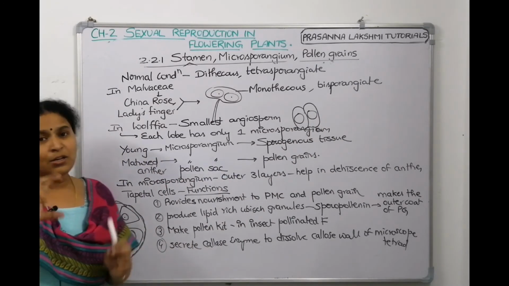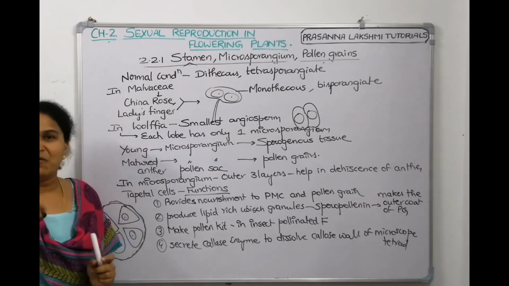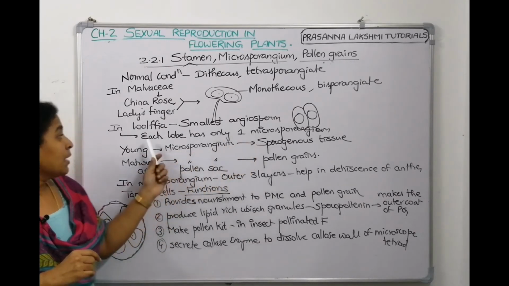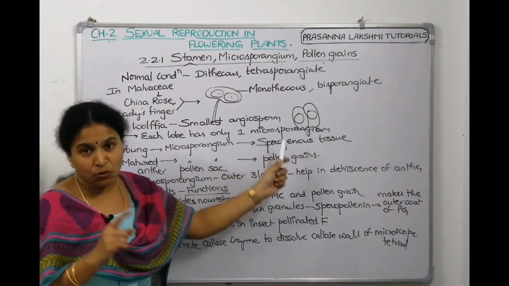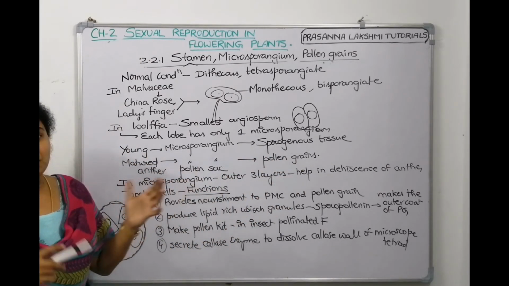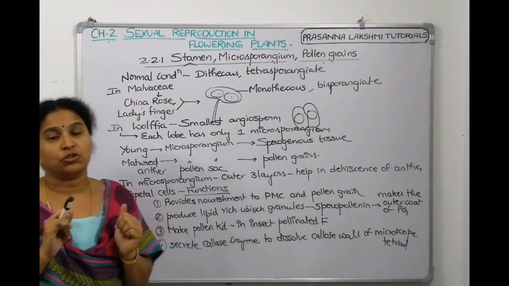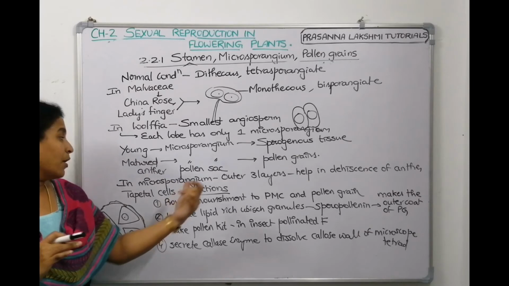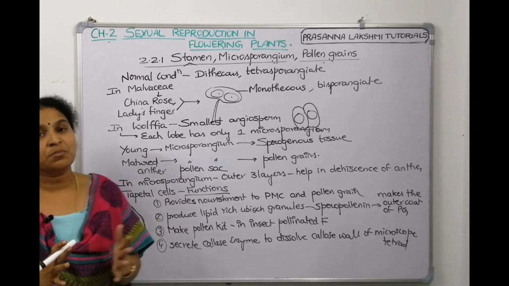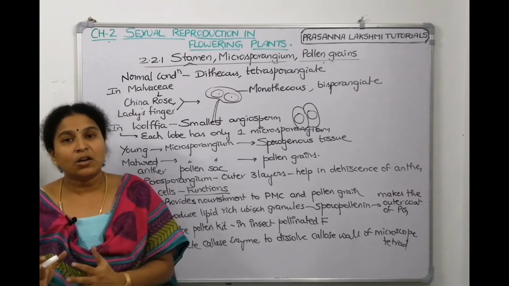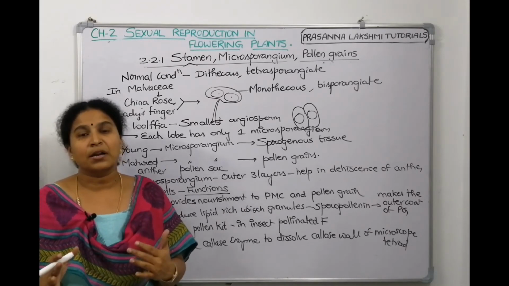In Wolffia, there's another extreme. There are 2 lobes, but each lobe bears only 1 microsporangium. Wolffia is the smallest angiosperm. A young microsporangium contains sporogenous tissue. A matured microsporangium contains pollen sacs and pollen grains. The outer 3 walls help in dehiscence, splitting of the anther walls to release the pollen grains.